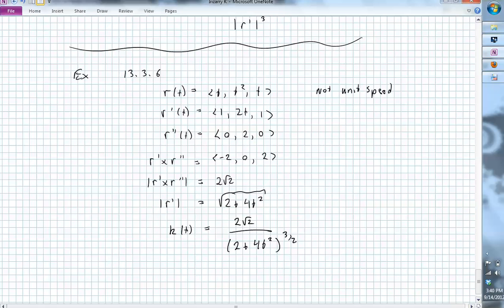It probably simplifies to something lovely. Anytime you move away from t equals 0, this number's getting smaller, right? And in fact, if you went way out towards the end of this curve, it would start looking like a line. It has very tiny curvature. So it has a big bend right near t equals 0, and then away from t equals 0, it starts to flatten out like a line. That's how you use curvature qualitatively.